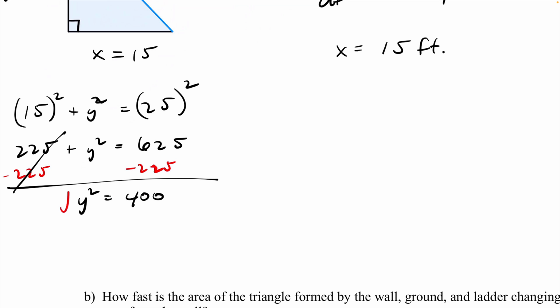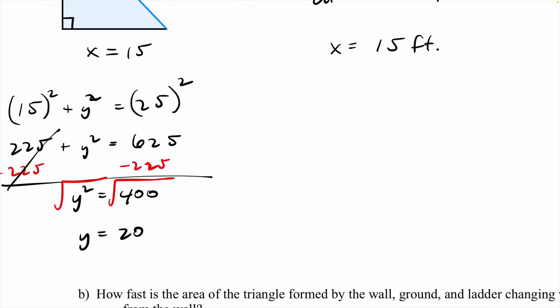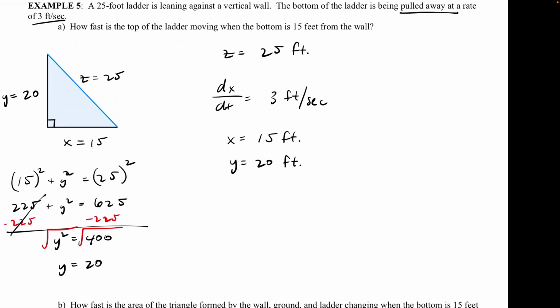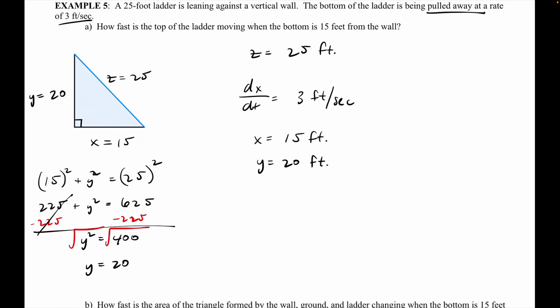Take the square root of both sides. Square root of 400 is 20. So y is 20 feet. Again, not given, but we could figure it out. Again, it's a 3, 4, 5 right triangle. If you divide all of the sides by 5, you get 3, 4, 5. Most common right triangle.